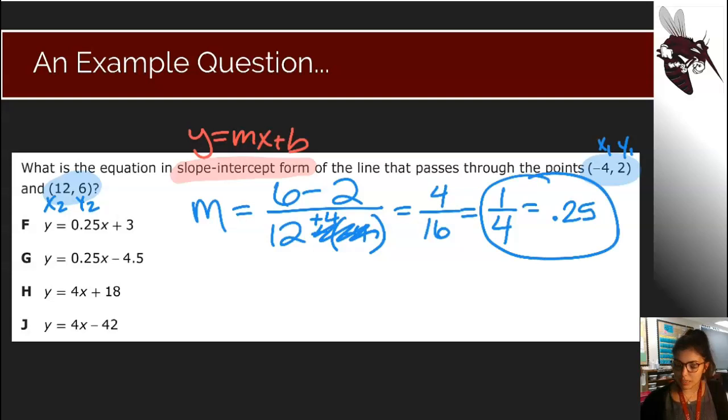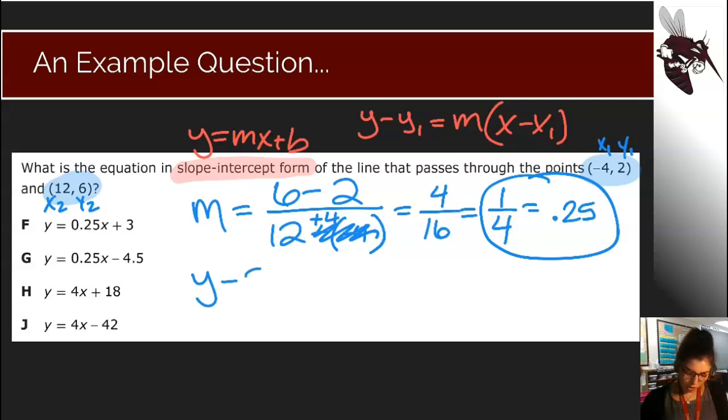All I have to do is plug it into the formula. We would check the formula chart to see that point-slope form is y minus y1 equal to m times x minus x1. Plug the pieces where they belong. They're already all labeled. We'd have y minus y1, which is 2, equal to m times x minus x1.